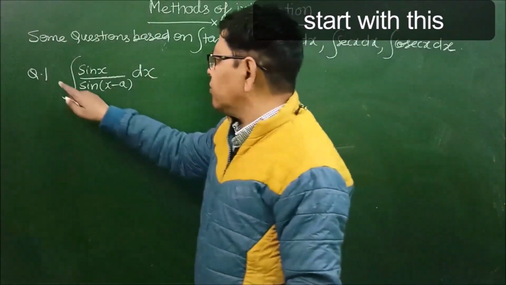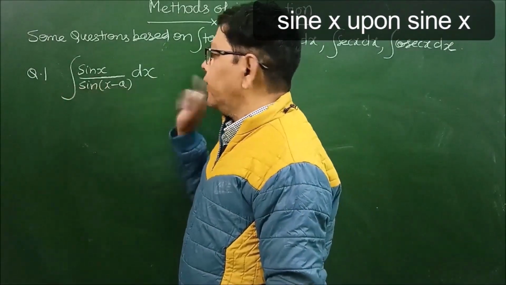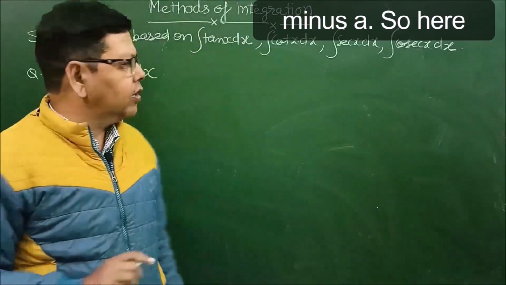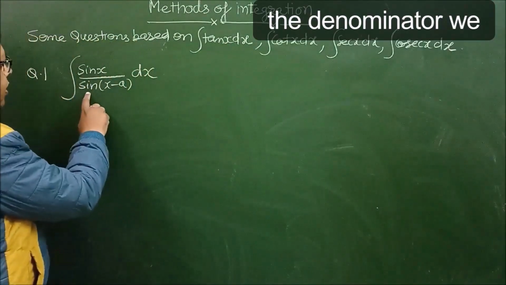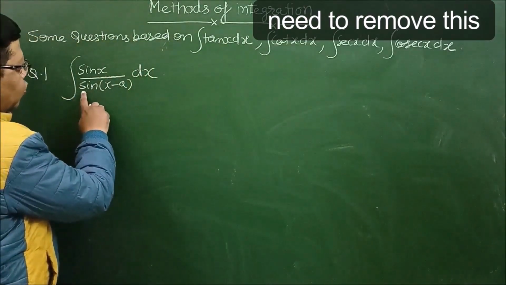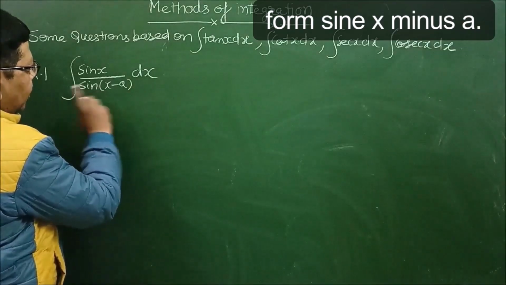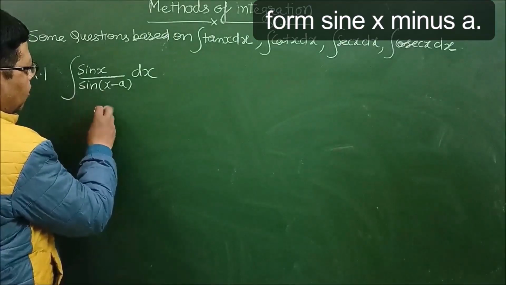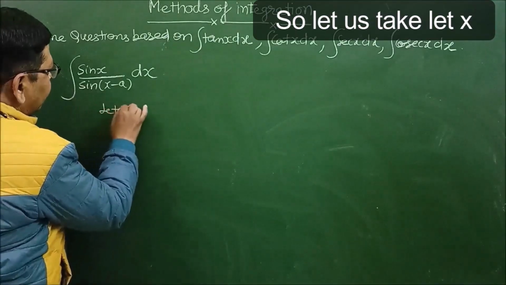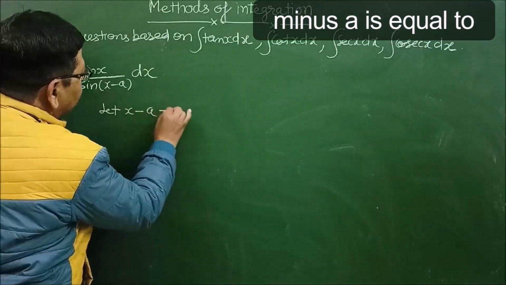So let us start with question number 1, sin x upon sin x minus a. Here we need to remove the denominator, which is in this expanded form sin x minus a. So let x minus a be equal to t.